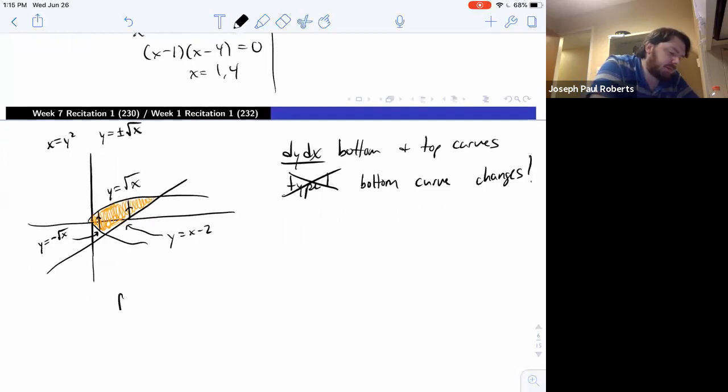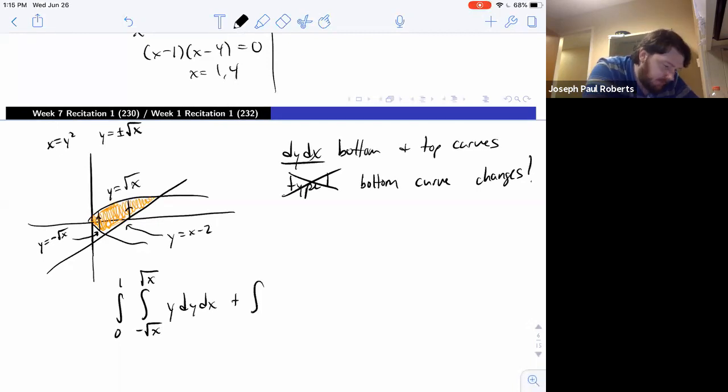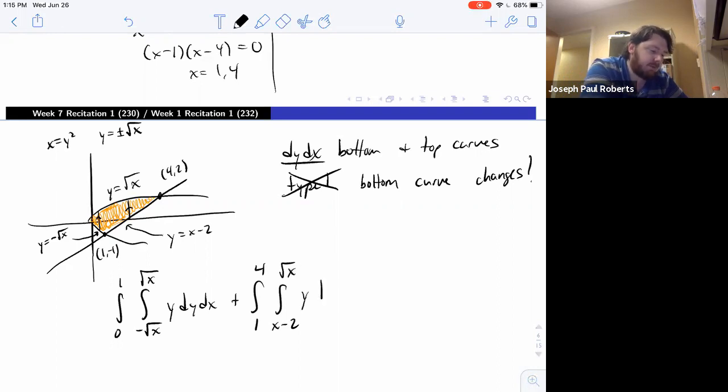So essentially what happens here is that for a while, the bottom curve is the bottom part of the parabola and the top curve is the top part of the parabola. And remember, we already figured out that this was (1, -1) and this was (4, 2). So for x between 0 and 1, that's what was going on. But for x between 1 and 4, the bottom curve is the line and the top curve is y equals square root x.